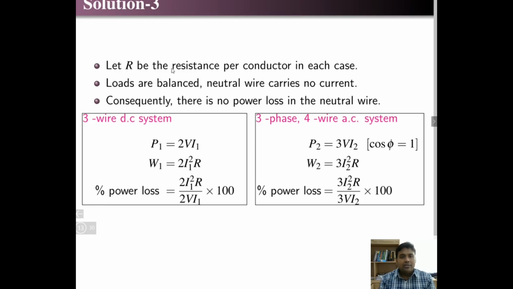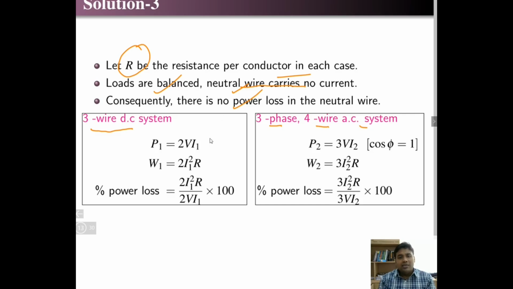Here again the resistance will be assumed per conductor per phase and the load is balanced. So the neutral wire will not carry any current. If the neutral wire is not carrying any current, there will be no power loss. Now we will have a comparison of the 3-wire DC system with the 3-phase 4-wire AC system.